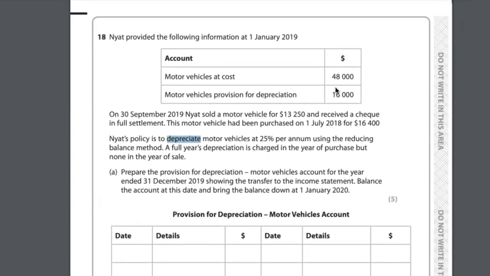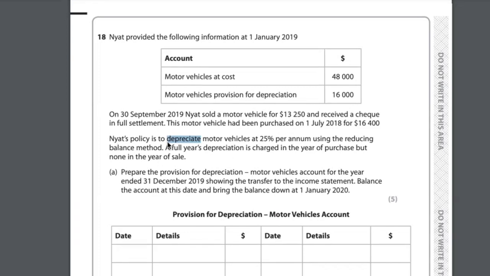So out of these 48,000, he sold one of the motor vehicles, and the cost of that vehicle when it was bought was 16,400. It was sold for 13,250. Is it clear or not? I'm trying to explain the question first, then I'll go further.